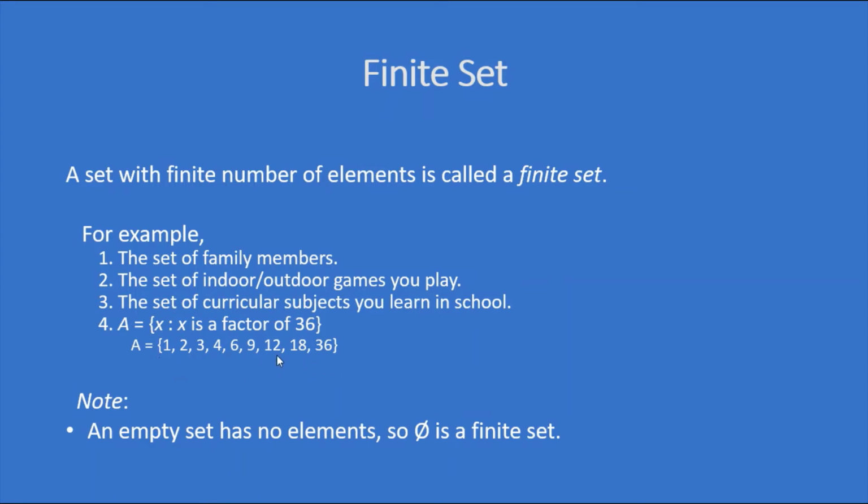These are the factors of 36. So 1 and 36, 2 and 18, 3 and 12, 4 and 9, and 6 into 6 is 36. So we can say A is a set of 1, 2, 3, 4, 6, 9, 12, 18 and 36.